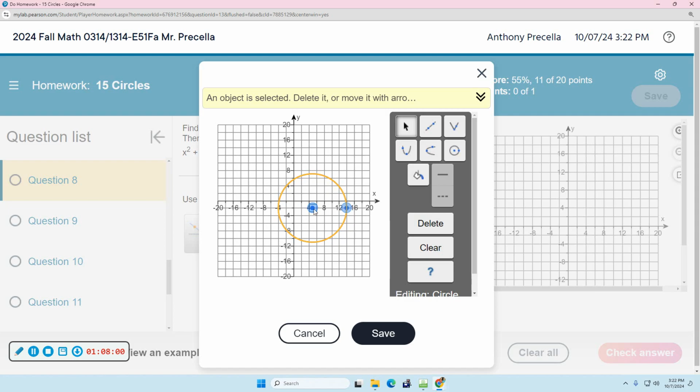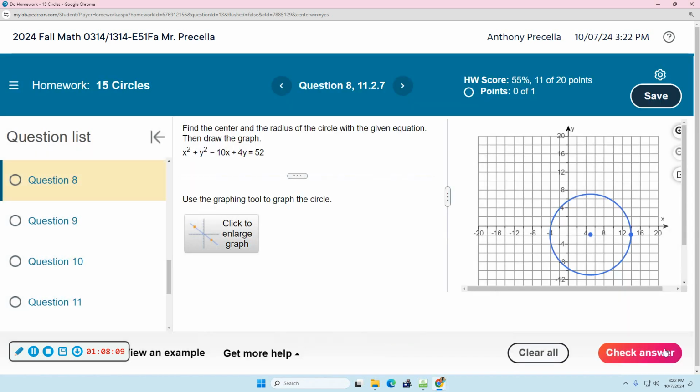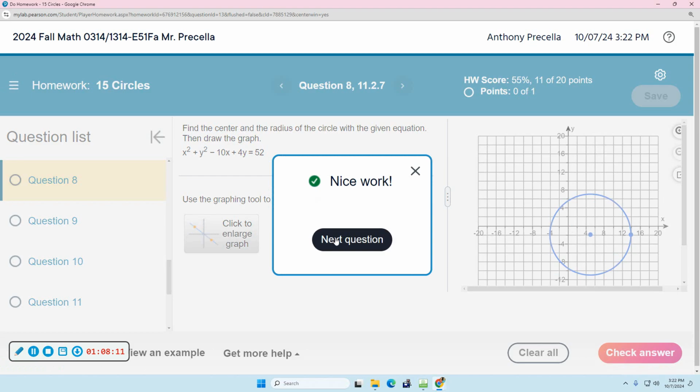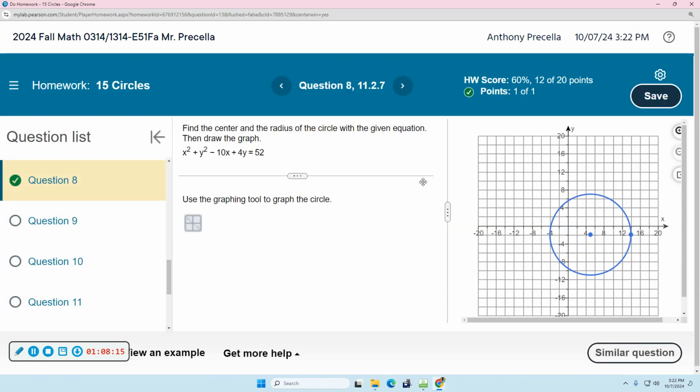You could have counted 9 units up, 9 units down, or 9 units to the left. I moved 9 units to the right, but you still get the same graph. Any questions there? I imagine there are questions. Let's hold off on questions until we do another one.